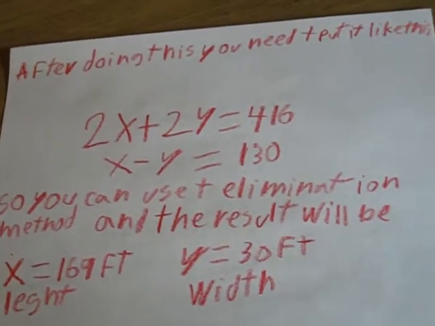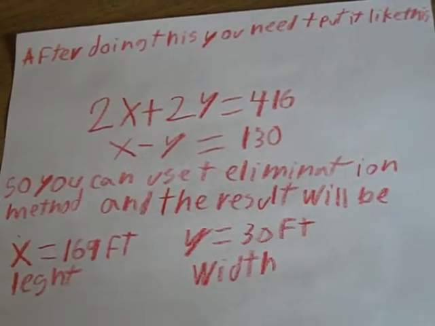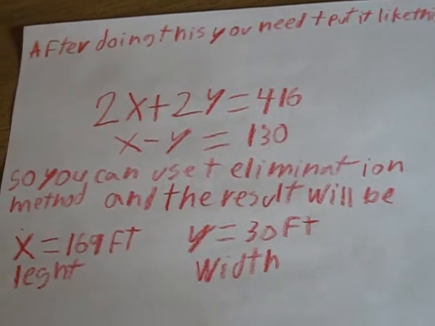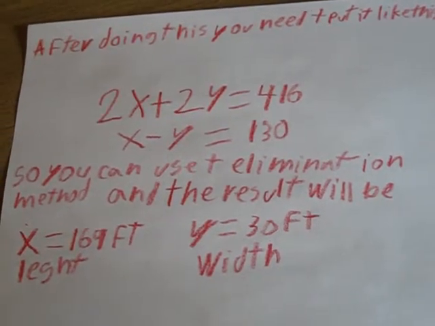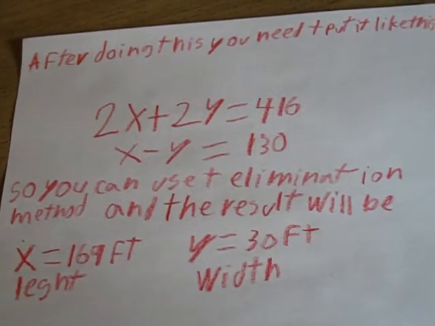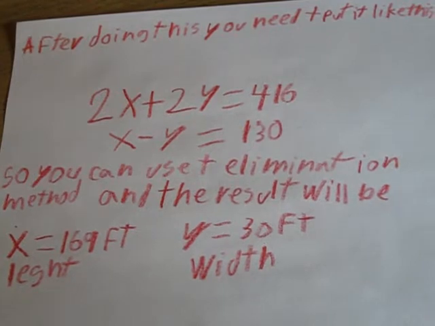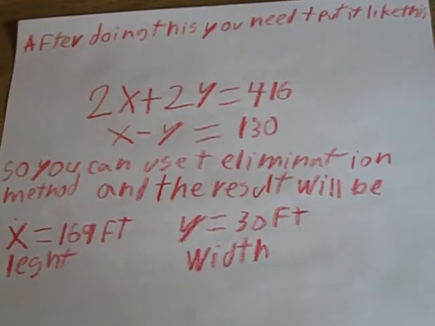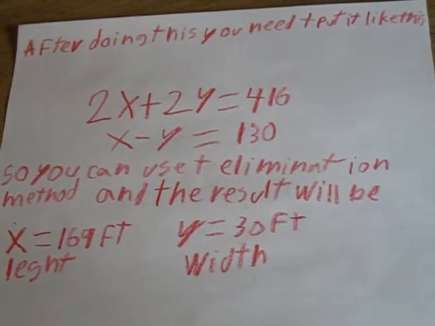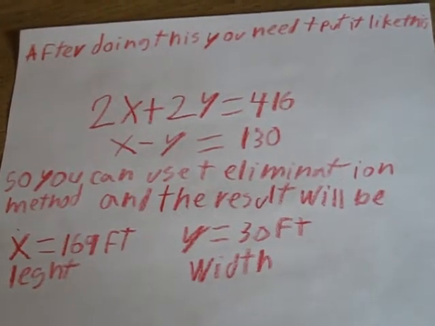After doing this, you need to put it like this: 2x plus 2y equals 416, and x minus y equals 113. So you can use the elimination method, and the result will be x equals 169 feet and 30 feet, and that will be all.